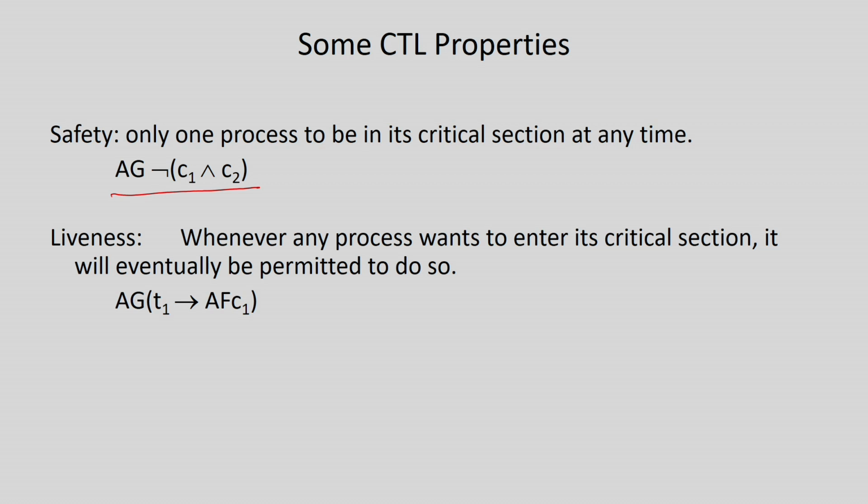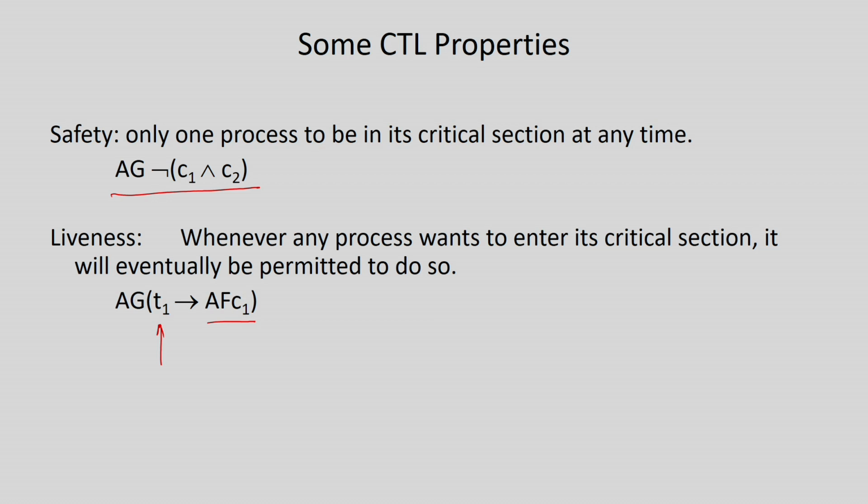Similarly, in liveness, we are saying that whenever any process wants to enter its critical section, it will eventually be permitted to do so. So, it says that if T1, that means process P1 is trying to enter the critical section, then it implies that in all paths, AF C1.